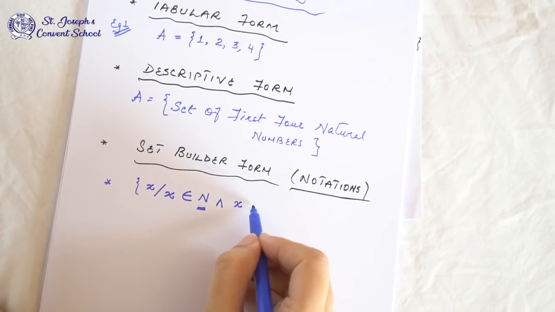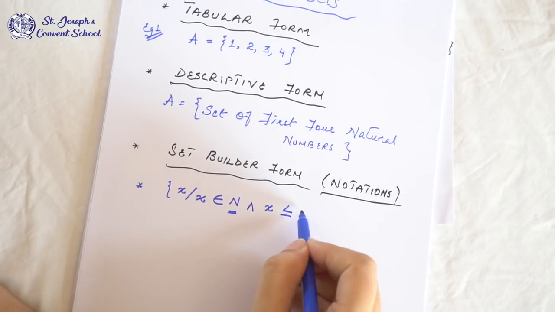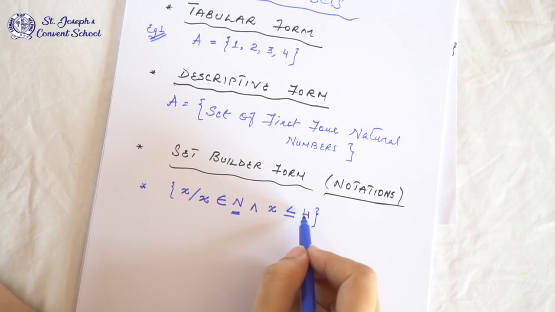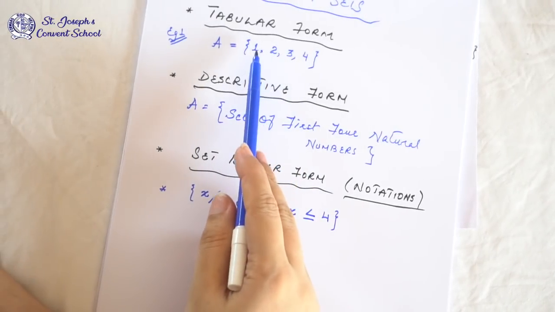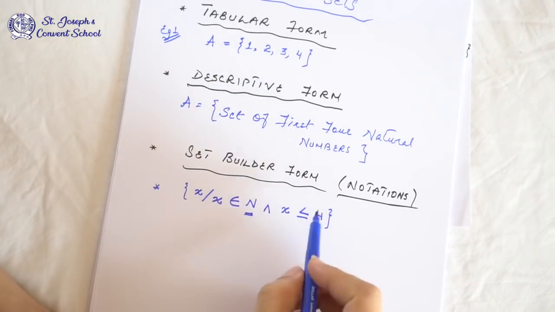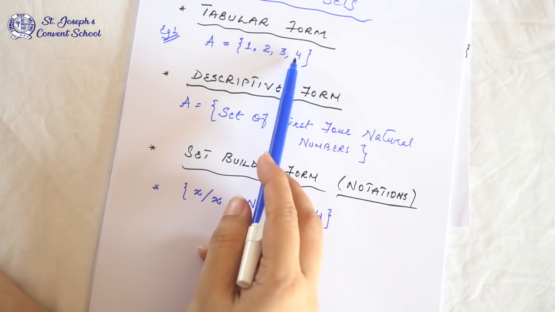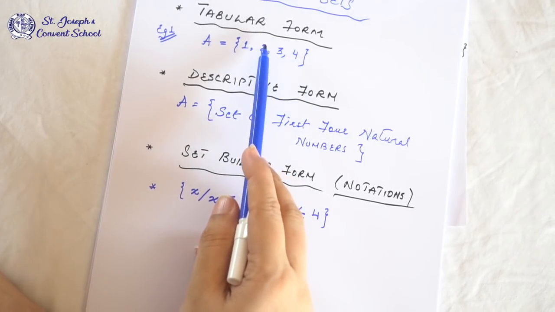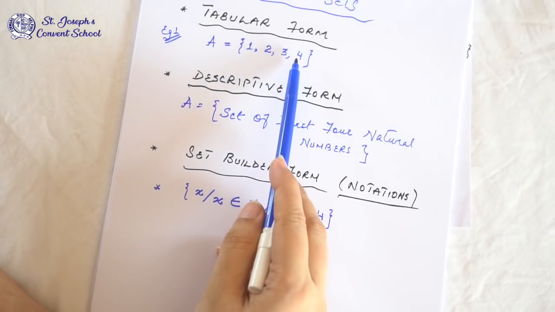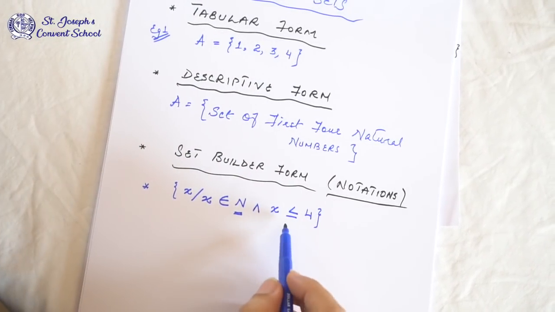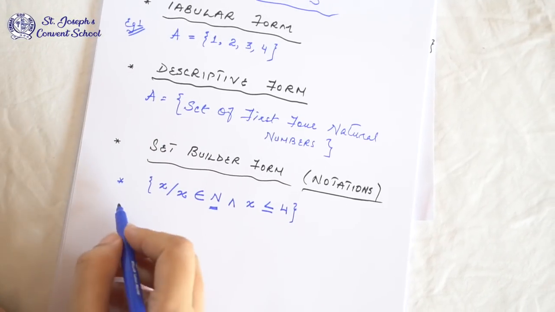x is less than or equal to 4. Less than 4 means numbers are 3, 2, 1, and equal to 4 means 4 is included. So you can write it this way: x is less than or equal to 4.